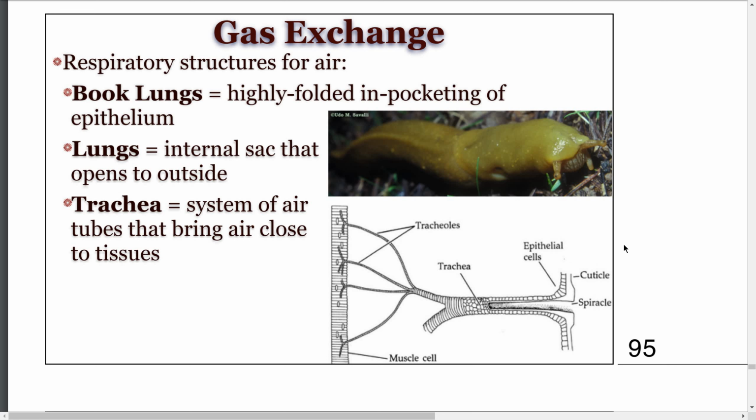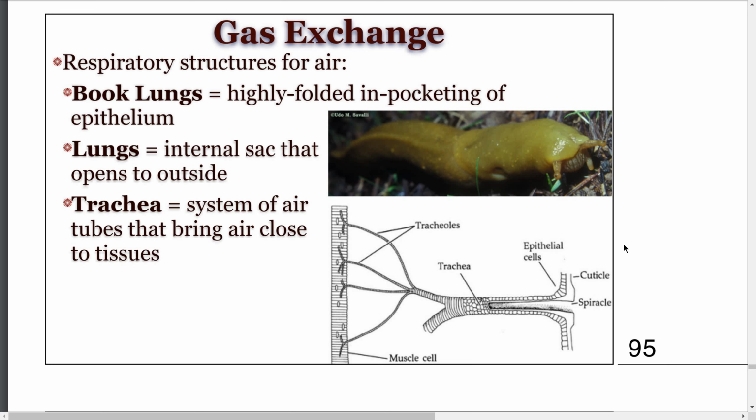The final system, found primarily in various arthropods that are terrestrial, is a tracheal system. A tracheal system is basically a series of air tubes that bring the air directly to the tissue. So in lungs and in book lungs, the respiratory structure is internal, but it's only in part of the animal.